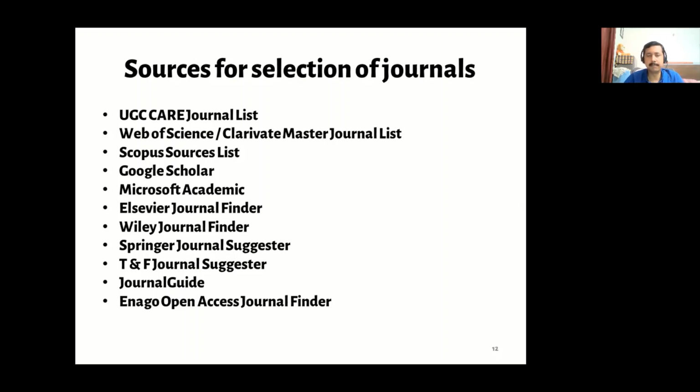To name a few of them, Elsevier Journal Finder, Wiley Journal Finder, Springer Journal Suggester, Taylor and Francis Journal Suggester, Journal Guide, Inago Open Access Journal Finder. I have included the screenshot of each of these in my presentation. I'll run through the screenshots and then I can take you to the demonstration.